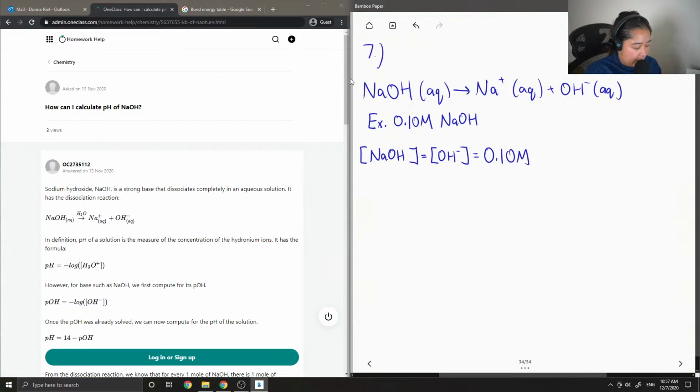So first we can find the pOH, and to do that it is negative log of the concentration of our OH minus ion.